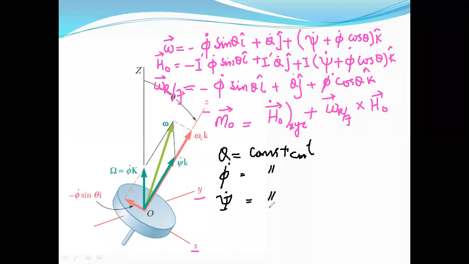This is also constant. If theta is constant, that simply means the derivative of theta, theta dot, is 0. As we substitute theta dot equal to 0, this term goes, so we are losing this term as well.